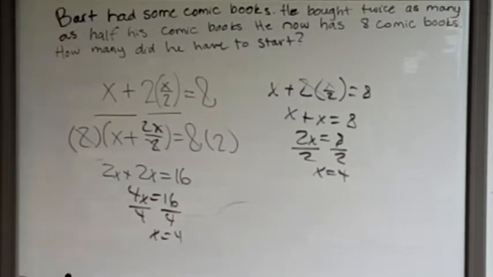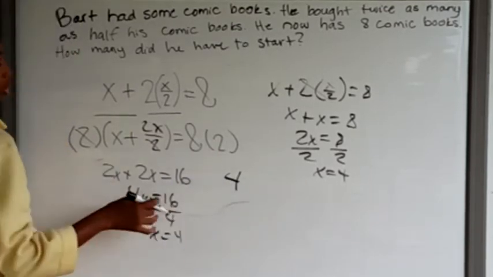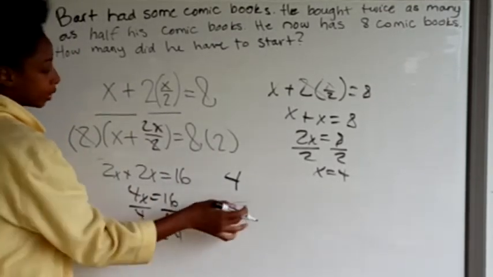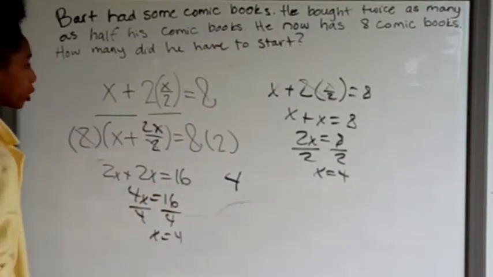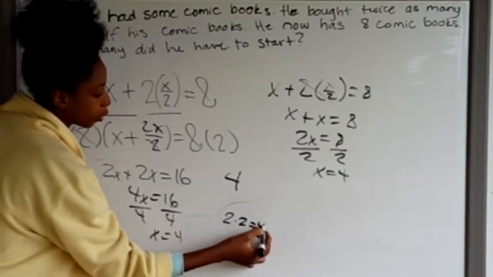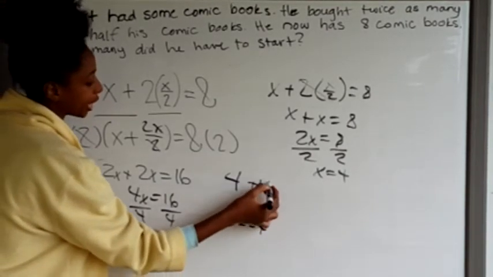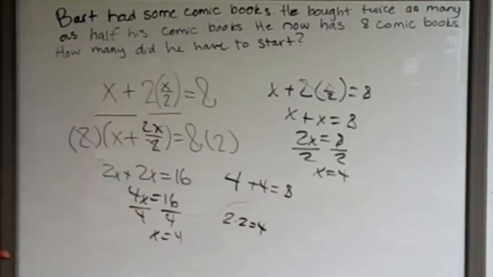And we can check that. Let's say he started out with 4 comic books, because that's what x equals. So we started out with 4. What's half of 4? We say he bought twice as many as half of 4. So half of 4 is 2. Twice as many is 4. And that's what he added to what he already had. So he's left with 8. So that's correct, and we set that up correct.